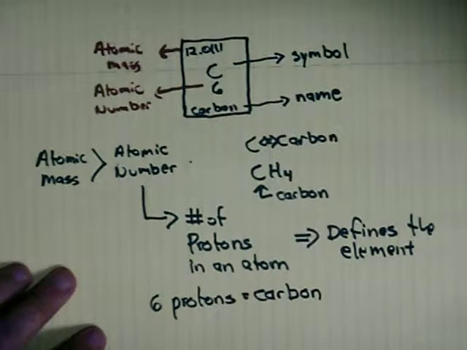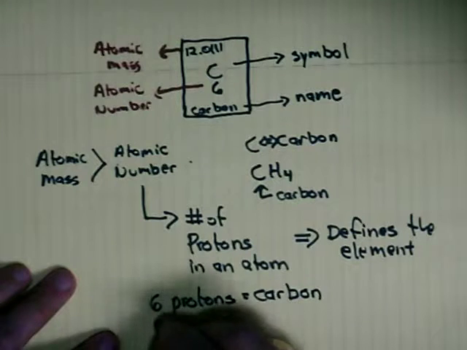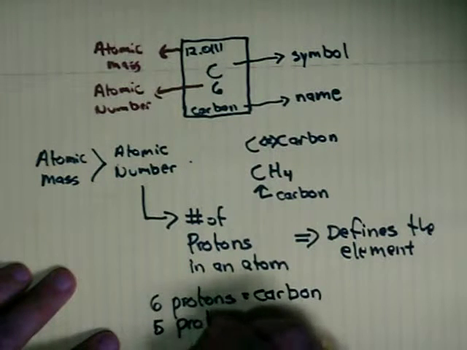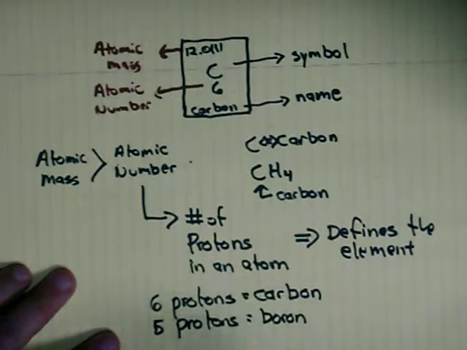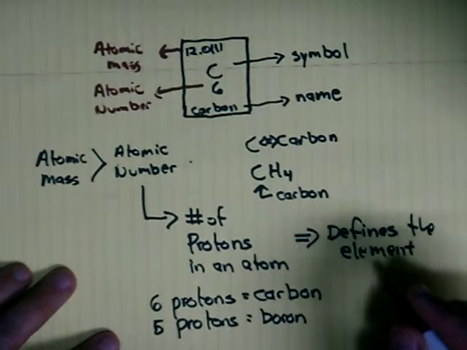Similarly, if you were to cram an extra proton in there, force it in there, like you would do in nuclear chemistry, 7 protons isn't carbon. 7 protons is nitrogen.